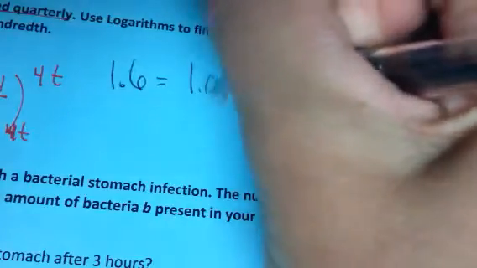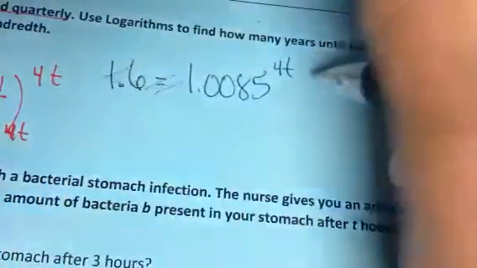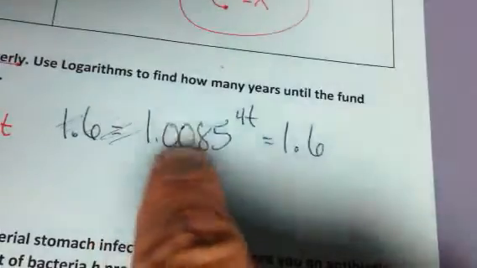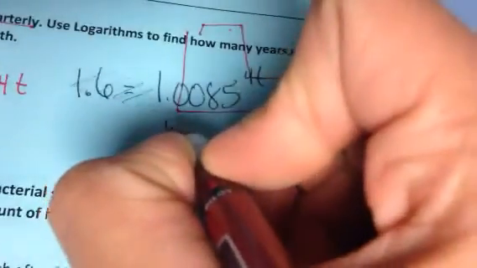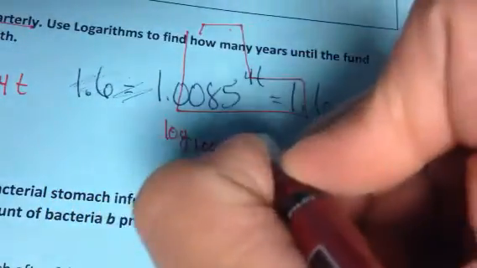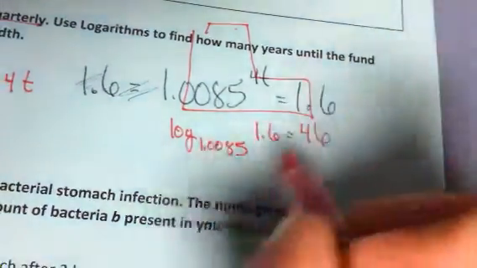And then I have this, and it would be easier if this 1.6 was on the other side for our log, but we're ready to make our log because it's just a base and an exponent. So, okay, so log, and then this decimal number with 1.6 behind it equals 4t. Again, some of you can just type this in.